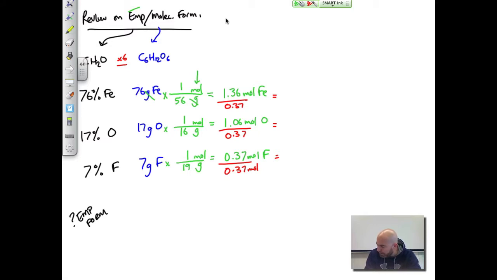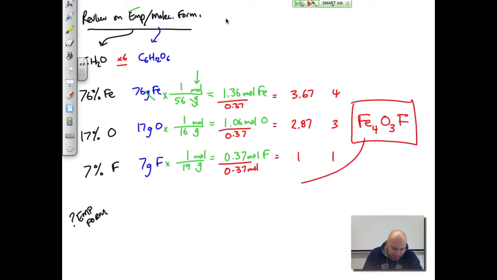So 1.36 gives 3.67, 2.87, and 1, of course, because I'm dividing something by itself. Now I round to 4, 3, 1. So my empirical formula will be Fe4O3F.